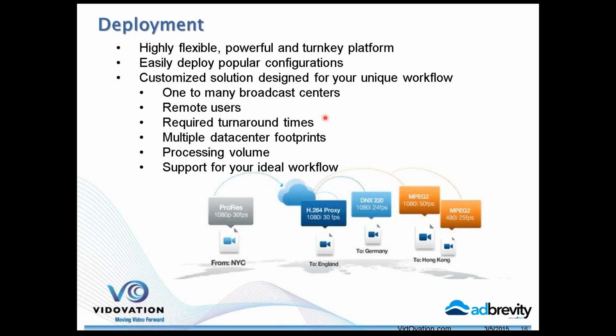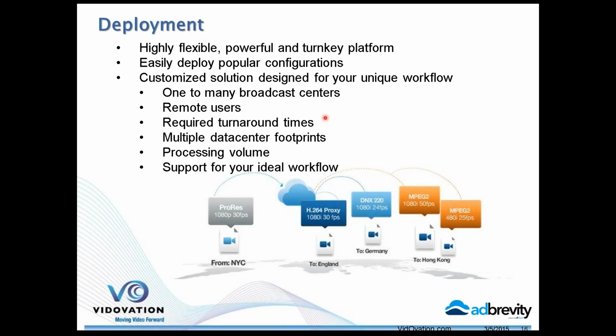You might have remote users, remote reporters, remote production people, even collaboration within the Hollywood studios. You don't have to get a messenger or a courier to send a hard drive down the street. The file is there instantly when people need it. It just simplifies and accelerates the workflow.